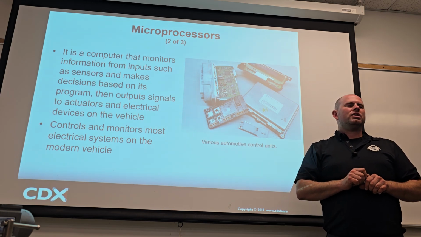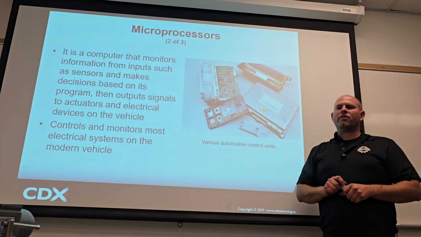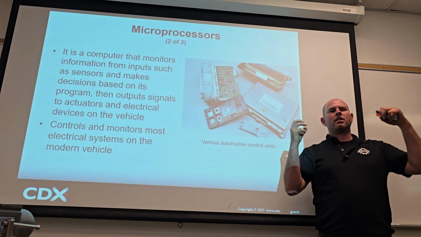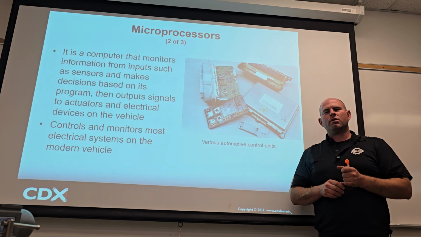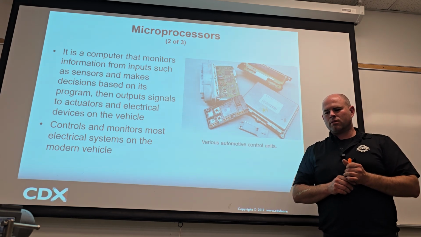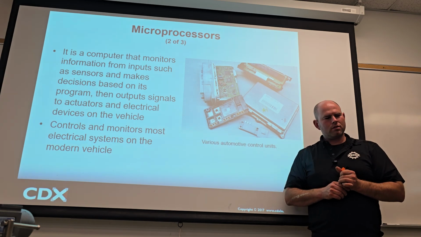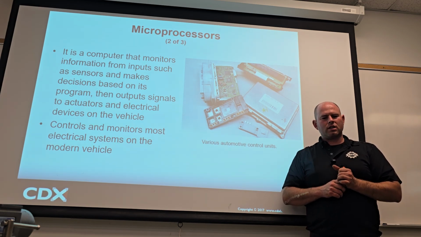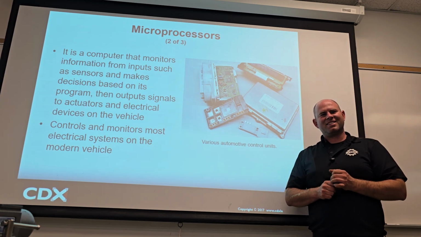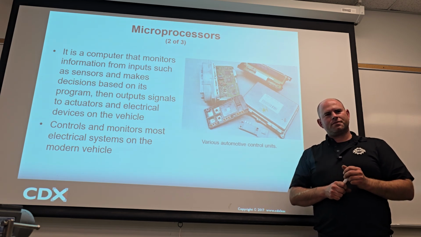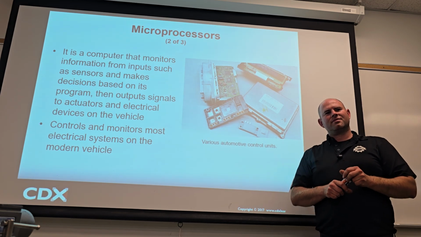Like GM, for example, they like a lot of Delphi parts. Delphi makes a lot of their stuff. Or, you know, in Marietta there's Denso. Toyota owns Denso, 100%. And Denso makes all of the electronic components for all of Toyota's vehicles.